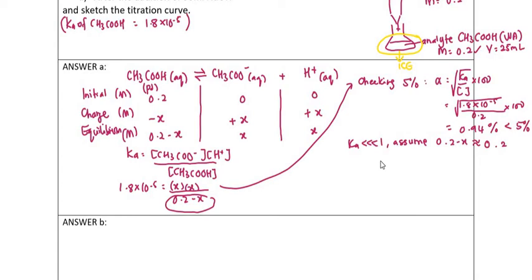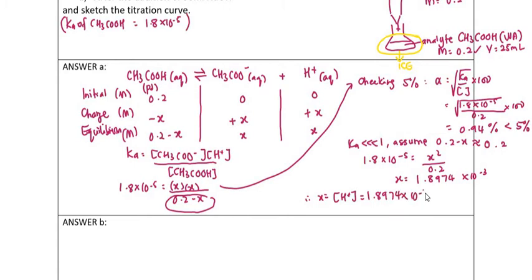After you assume, you rewrite the expression, X squared over 0.2, and you get the value of X, which is 1.8974 exponent negative 3. So concentration X, X equals concentration of H plus, equals 1.8974 exponent negative 3.